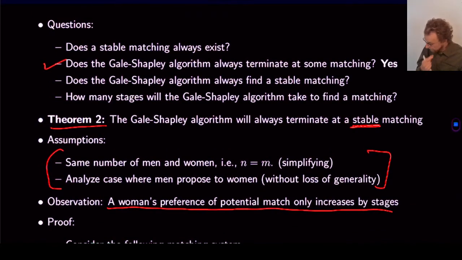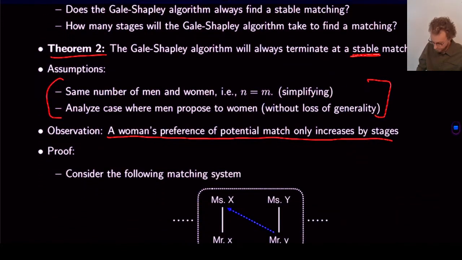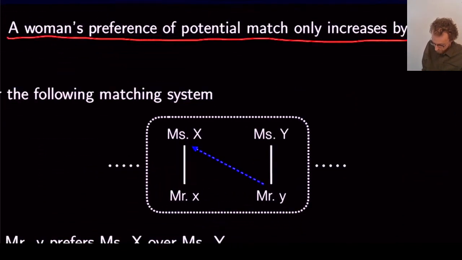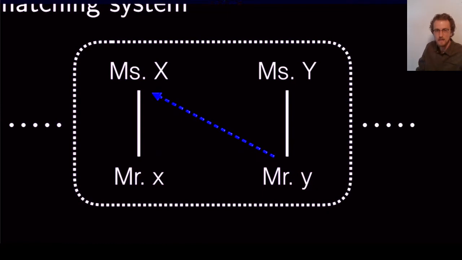Okay, so now let's think about how we can use that observation to prove theorem 2. Let's look at a particular match. Suppose the Gale-Shapley algorithm runs and churns and churns, and then it terminates at a matching. Here's a zoomed in view of 2 pairs in the matching.